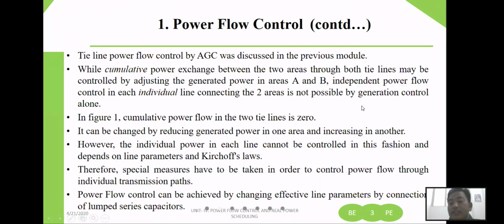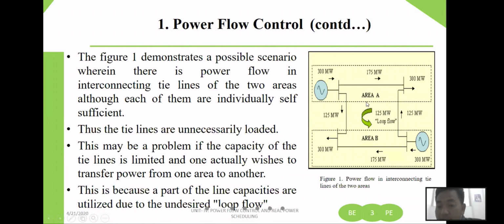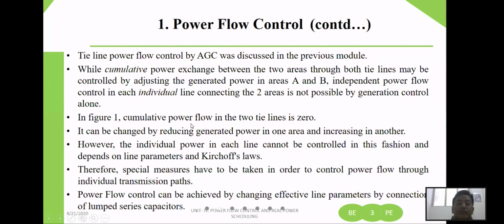Actually, in this figure we can see that the cumulative power flow is 0. Here you are taking 125 megawatt and giving another 125 megawatt, which means the cumulative power flow in the two tie lines is 0, and it can be changed by increasing the generated power in one area relative to another.